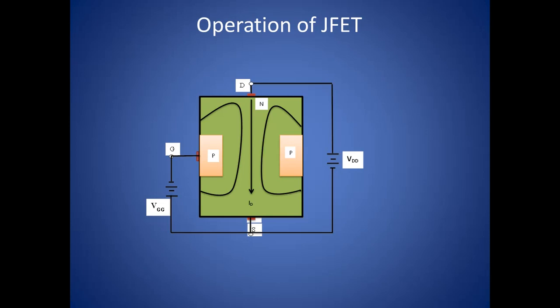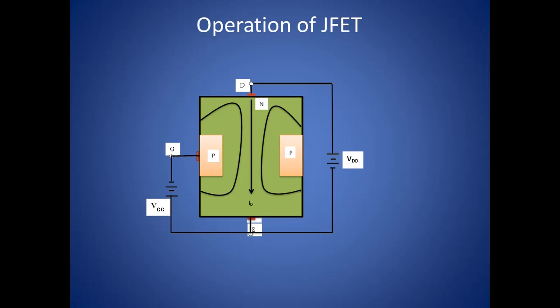When the voltage is applied between the drain and the source, this is the drain terminal and this is the source terminal. Here we are applying a voltage with a DC supply of VDD.